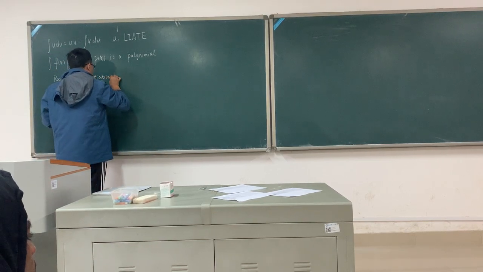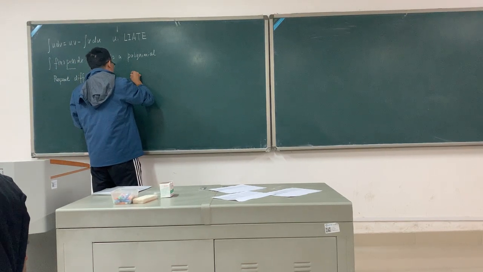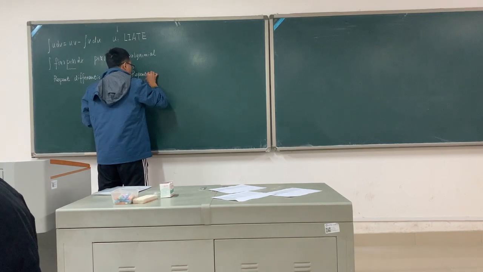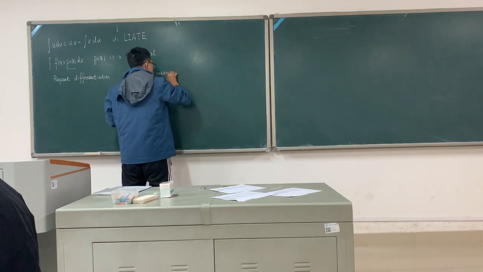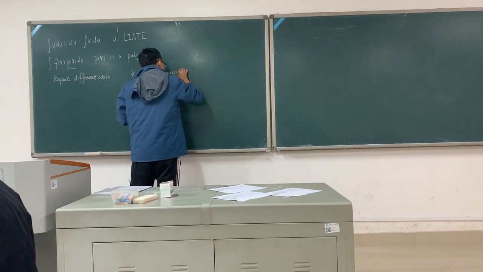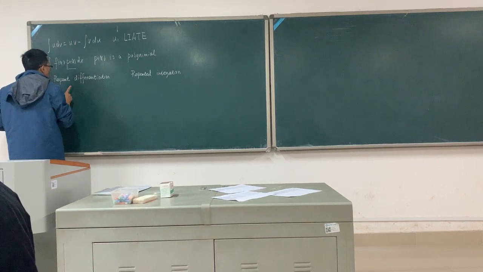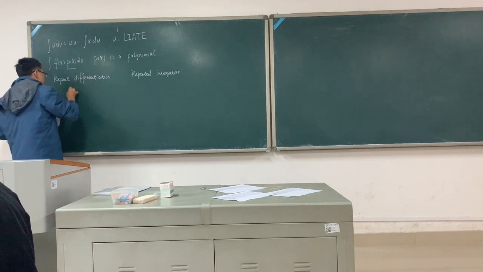The first column means repeated differentiation, and the second column means repeated integration. The repeated differentiation is the derivative of p(x).